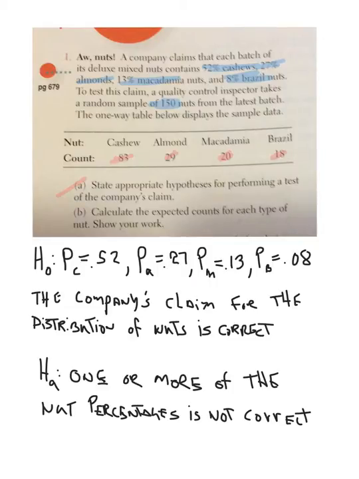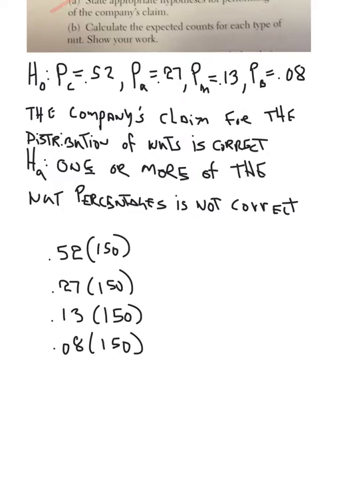Now let's calculate the expected counts for each type of nut. And here is what we should expect. For the cashews, we should get around 78. The almond should be 40.5.